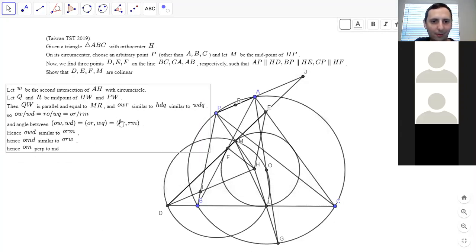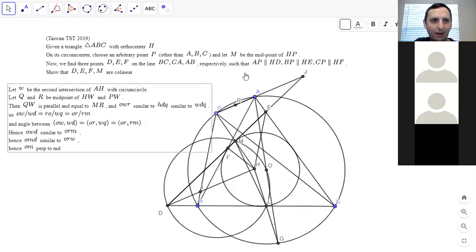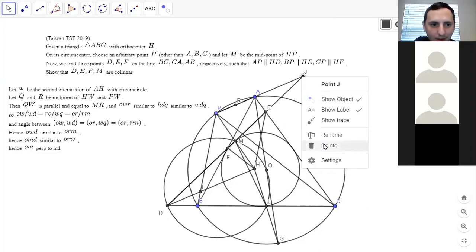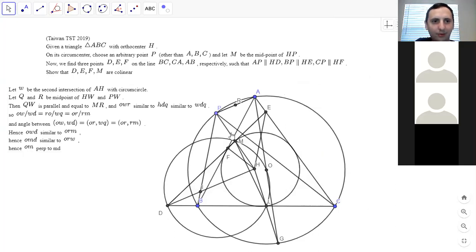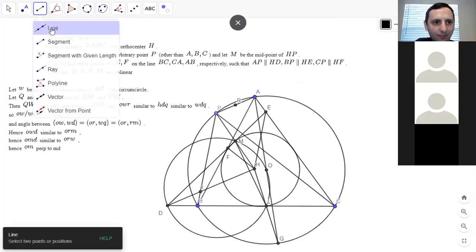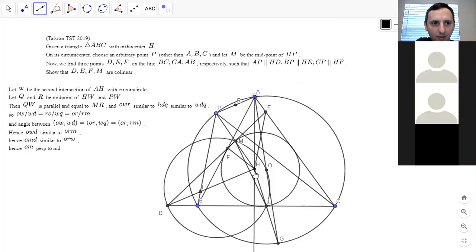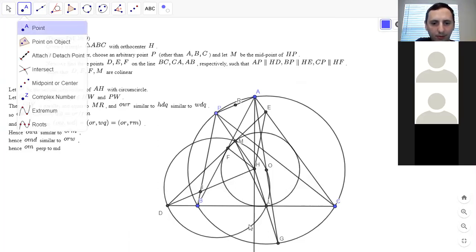Okay, so omega, I'm just going to delete J for now. Omega is the intersection of AH with the circle, or W, yeah.